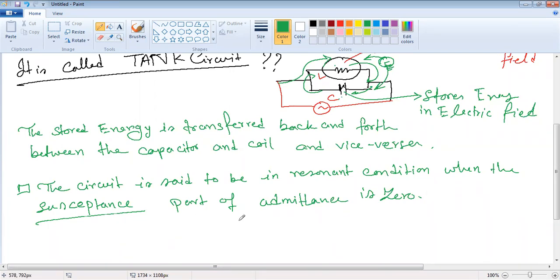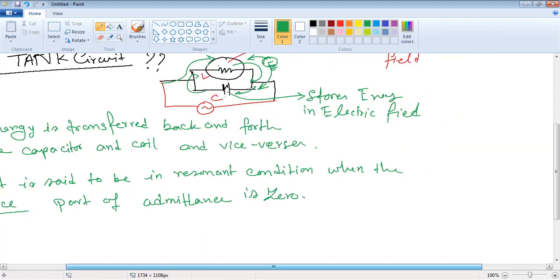So this is the parallel RLC circuit and its properties.